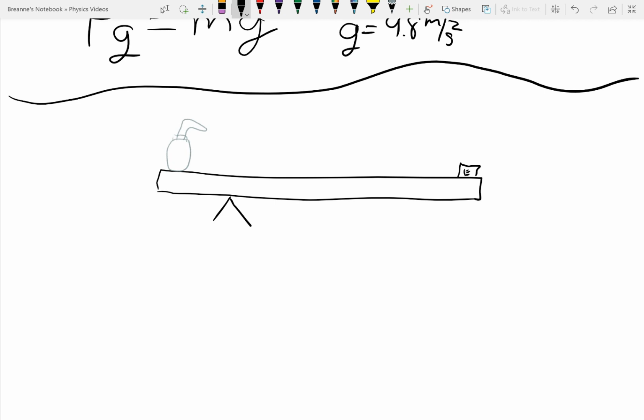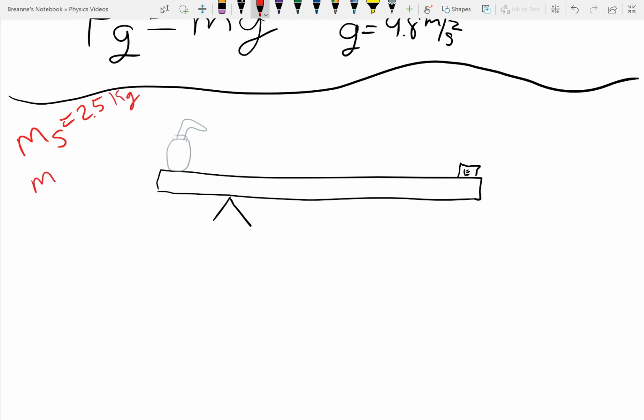Let's make that into a practice problem. So, let's say the mass of the soap bottle was like 2.5 kilograms.